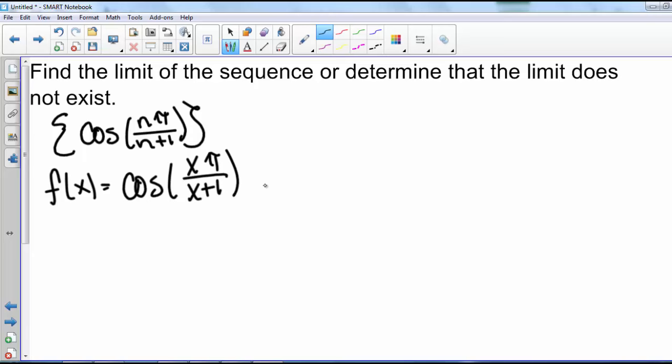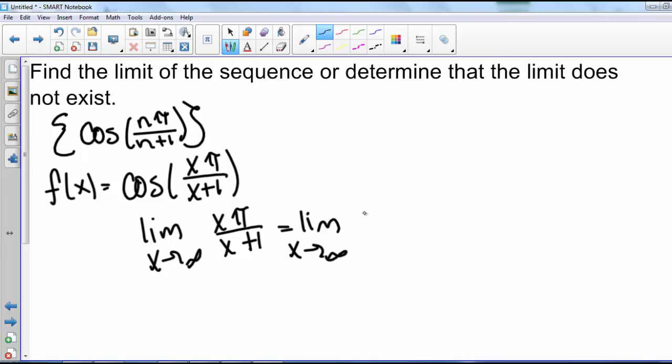Let's consider the limit as x goes to infinity of x times pi over x plus 1. This equals the limit as x goes to infinity of pi over 1 plus 1 over x, which is pi divided by 1, and 1 over x goes to 0, so this limit is pi.